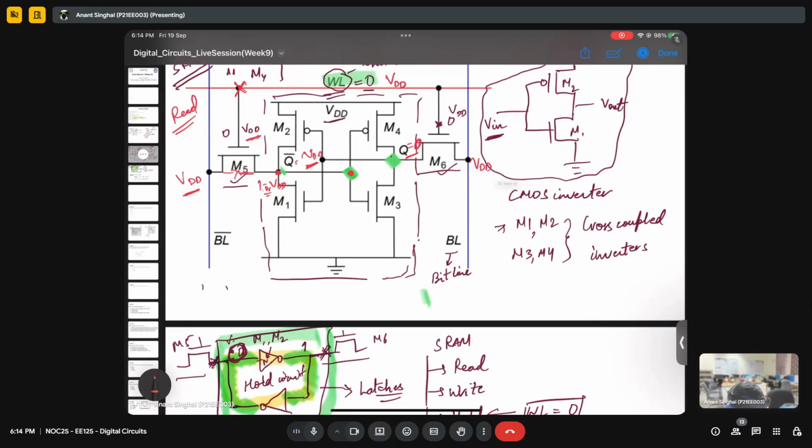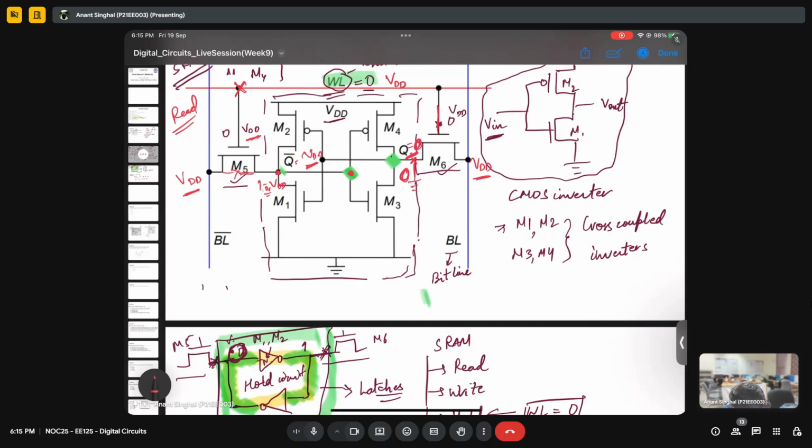So what we have done is we have pre-charged to VDD, but let's say this is VDD and this is 0. So this will be like reading of that particular bit. It is not writing anything. You see, I'm not flipping this bit. What I'm trying to say is, once this is 0, it is nothing but acting like a ground, right? So it is just reading that particular bit.